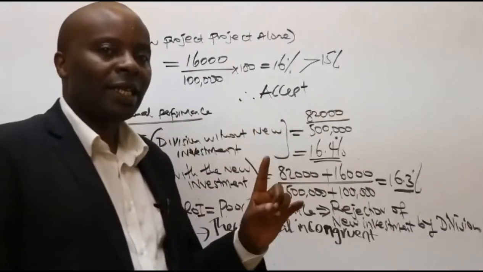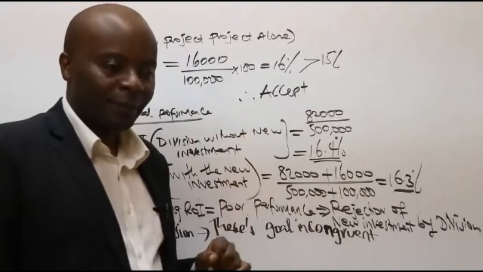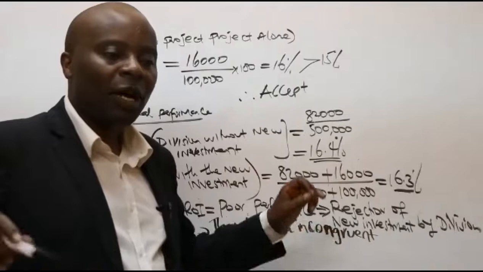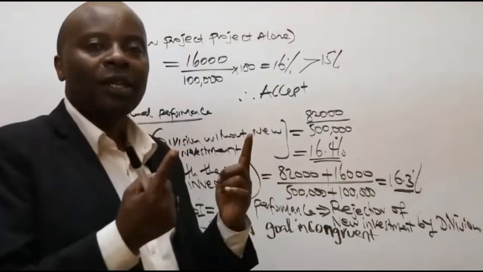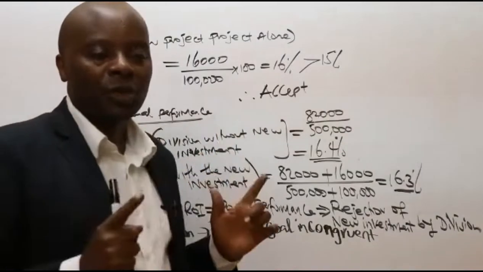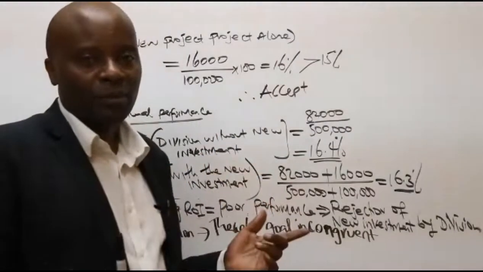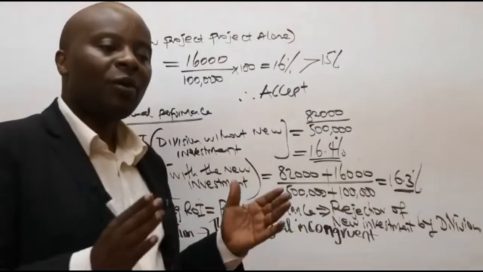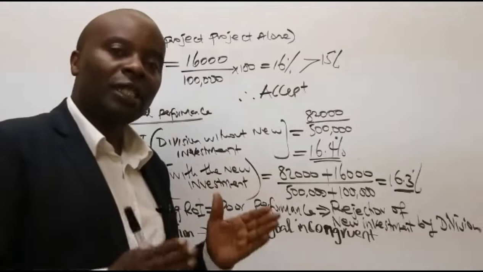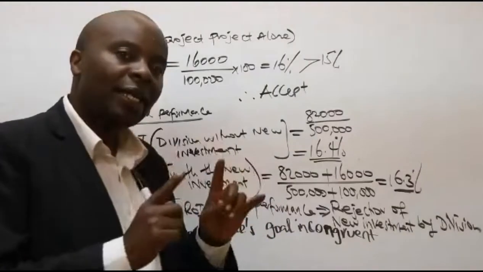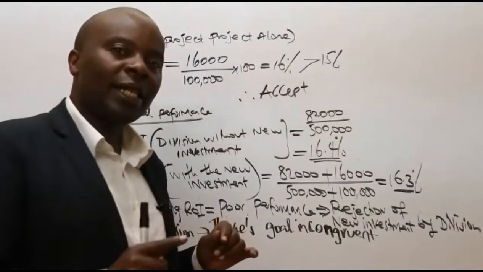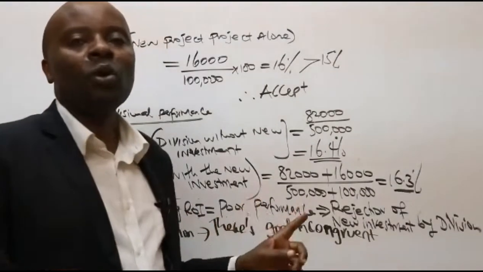All of us are seeking profit maximization and would expect the divisions or departments of ours also to pursue the same objective, which is profit maximization. So when the division is engaging in activities that will not maximize the overall profitability, then there is, in this case, a disagreement in goals.